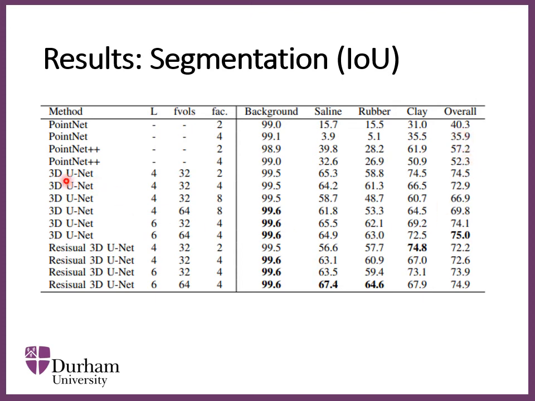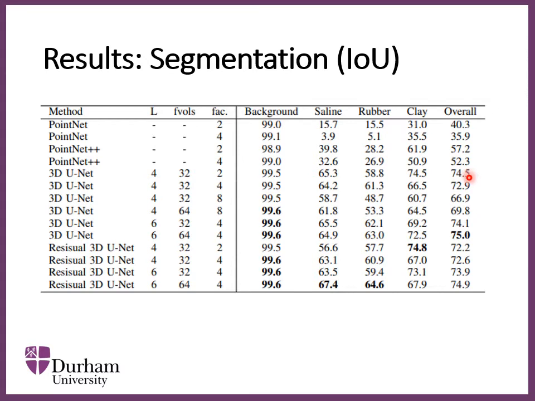And for 3D UNet, when we downsample the CT volumes by a factor of 2, we got the best results with the overall IOU of 74.5.